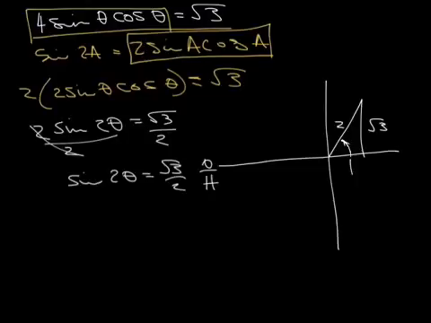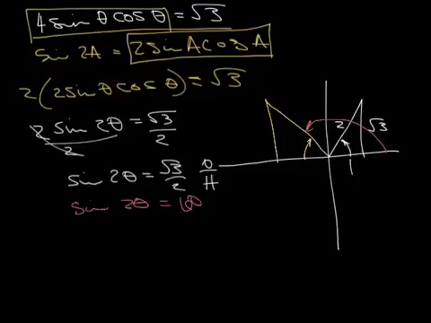And this angle right here is going to be a 60-degree angle. And because sine is also positive in the second quadrant, we have a 60-degree angle there, which means our reference angle is going to be 120. So the sine of 2 theta is a 60-degree angle in quadrant 1 and a 120-degree angle in quadrant 2.